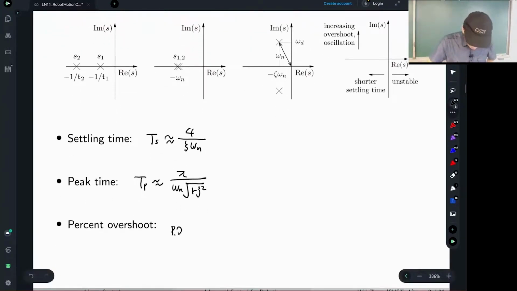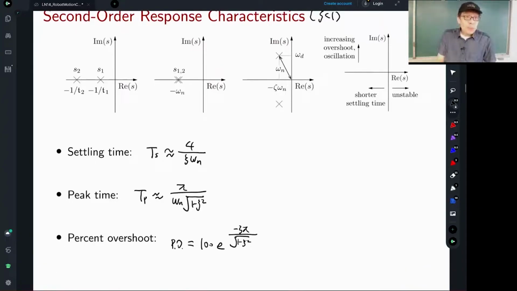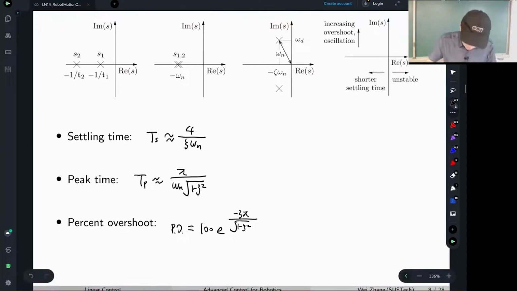And percent overshoot, PO, is 100 times e to the negative zeta pi divided by square root of 1 minus zeta squared. So from the expression, you can actually predict the system behavior in terms of the location of the poles.